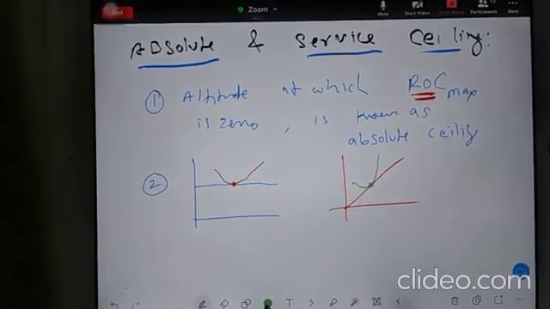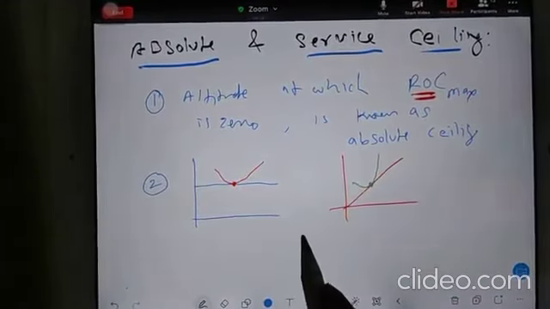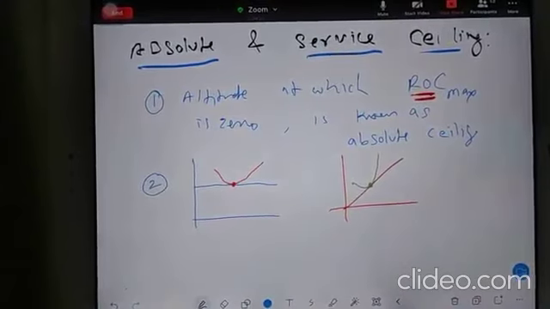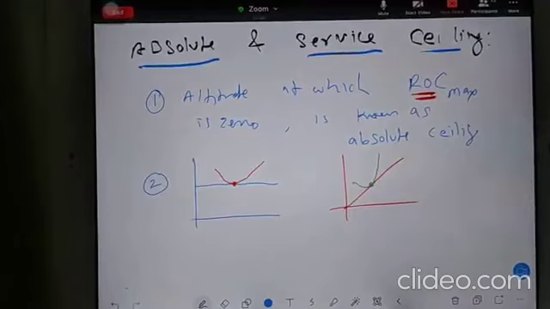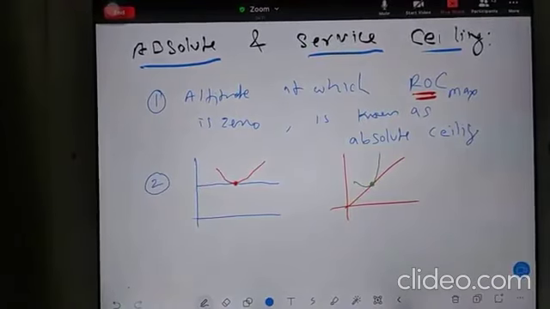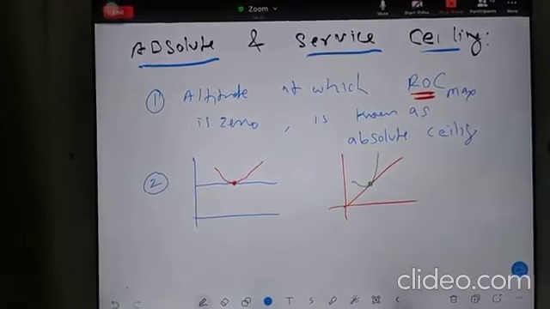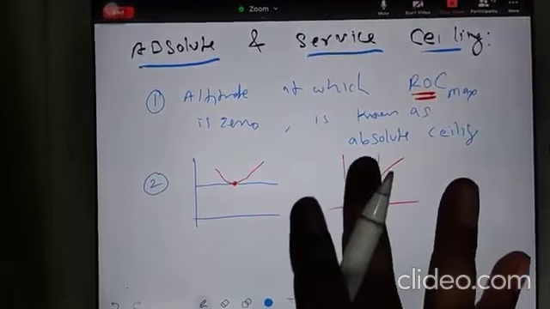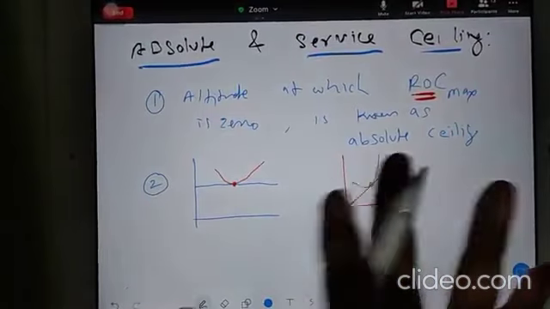So in both the cases, your power available is equal to power required now. So you don't have extra power to climb. So it corresponds to the altitude for which the power available and power required are the same. Done.